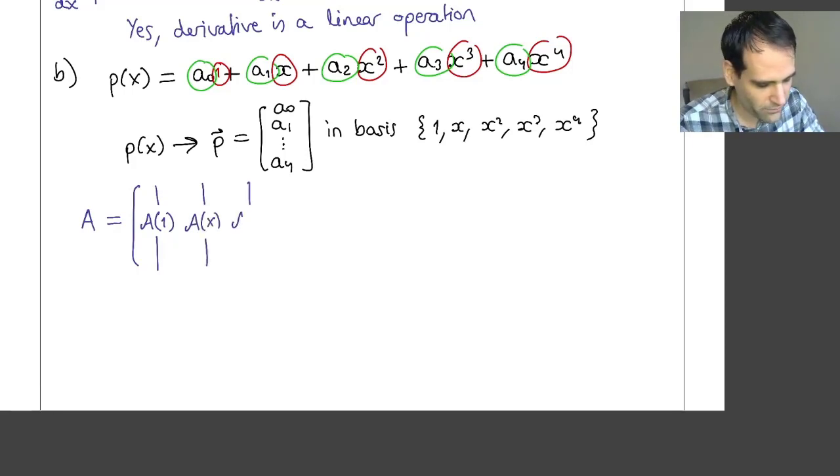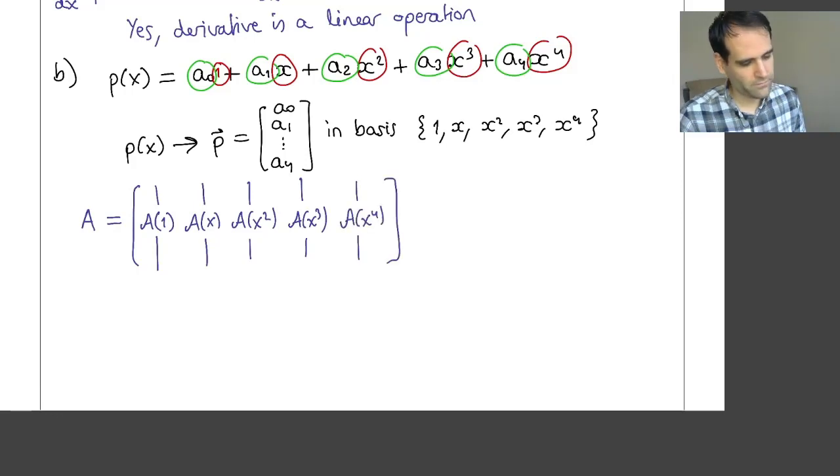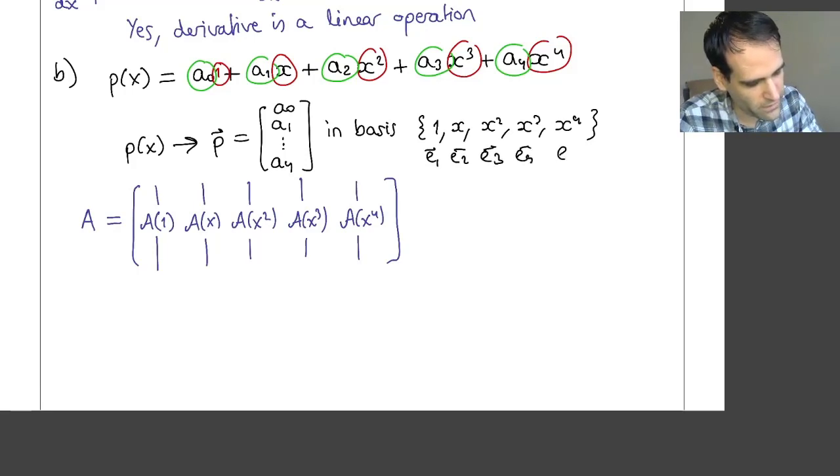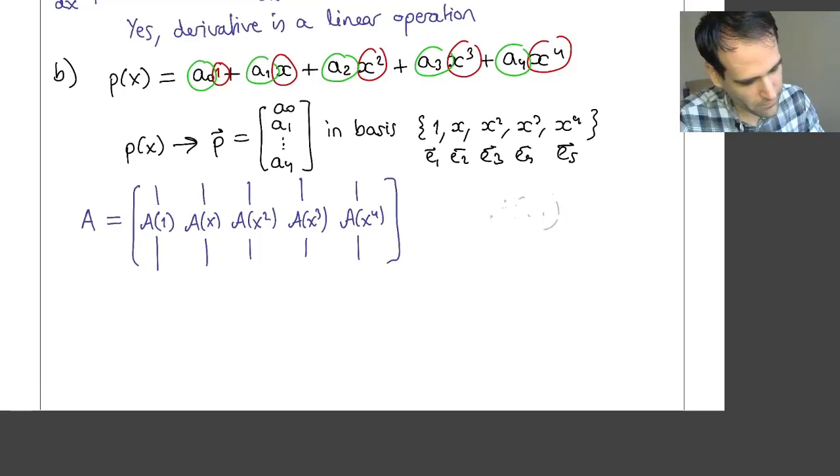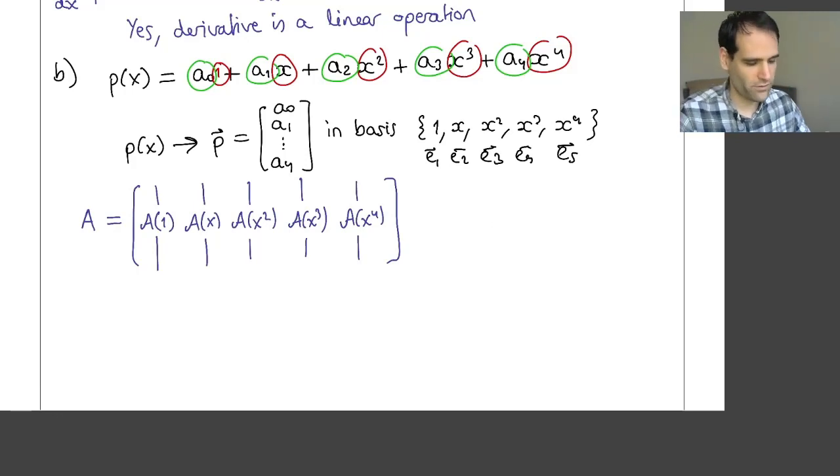The third column will be the transformation applied to x squared, then to x cubed, and finally to x to the 4. So since we have 5 basis vectors, e1, e2, e3, e4, and e5, each column of our matrix will be the transformation applied to the corresponding basis vector. Yeah, that was the rule for building a matrix corresponding to a linear transformation.